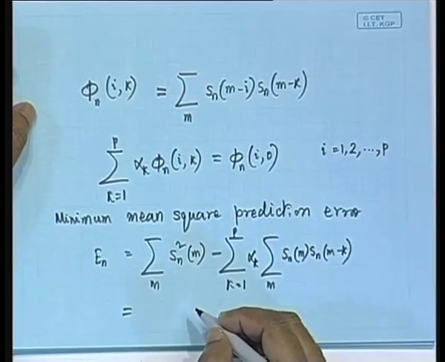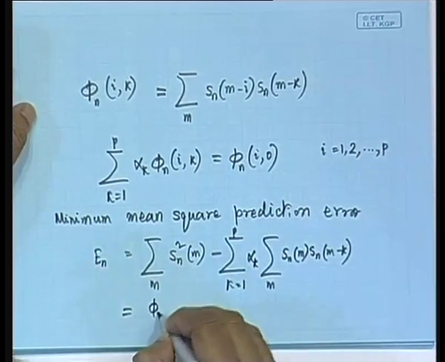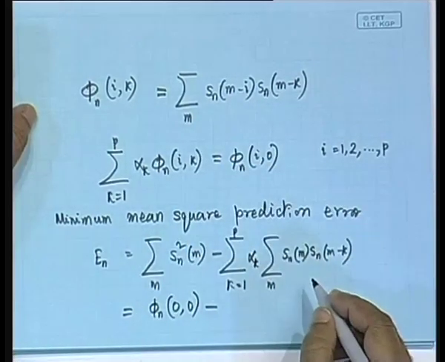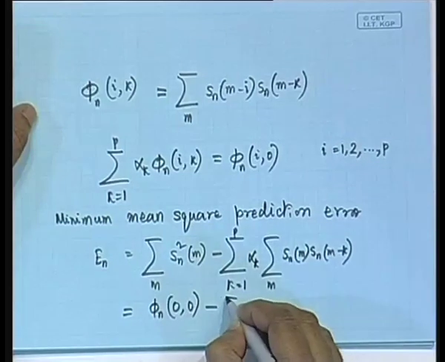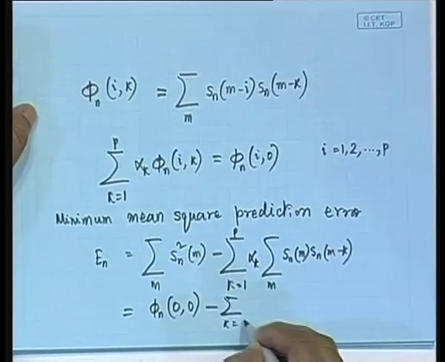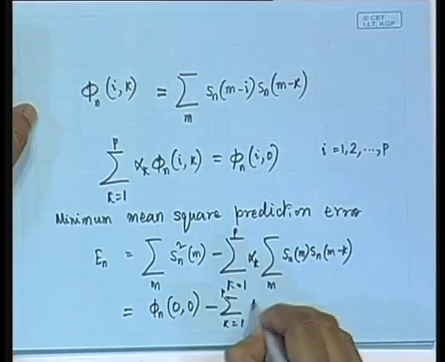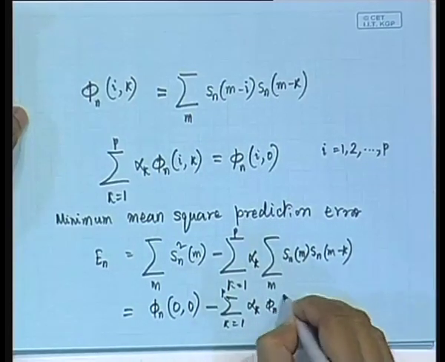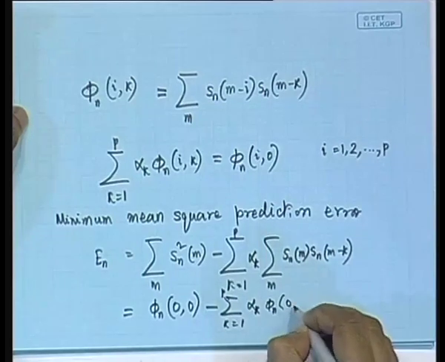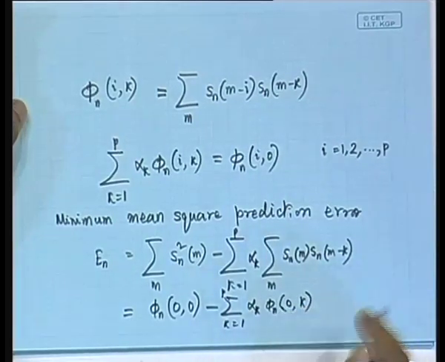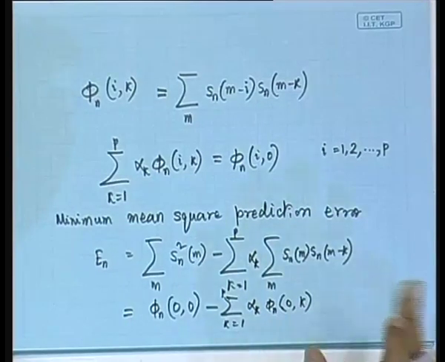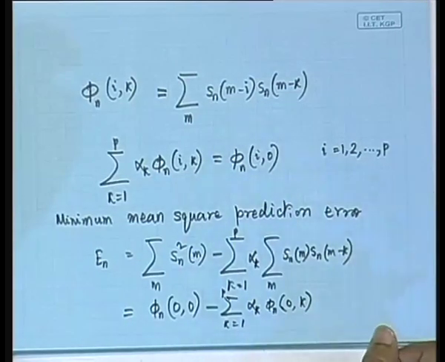This is phi n (0, 0). And the second term we already know is summation k equal to 1 to p of alpha k phi n (0, k). So this is the expression for the minimum mean square prediction error.